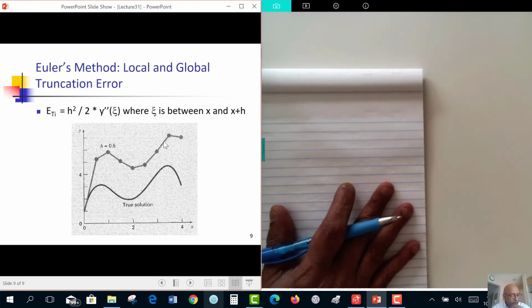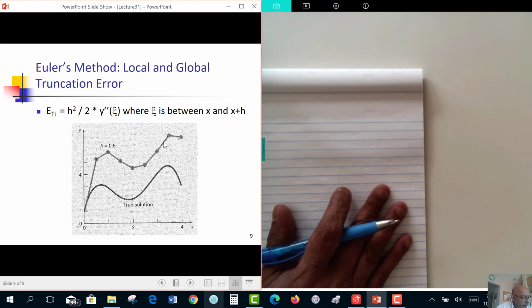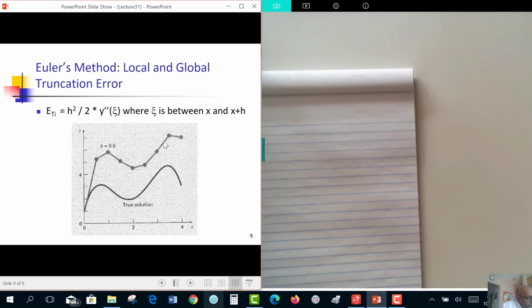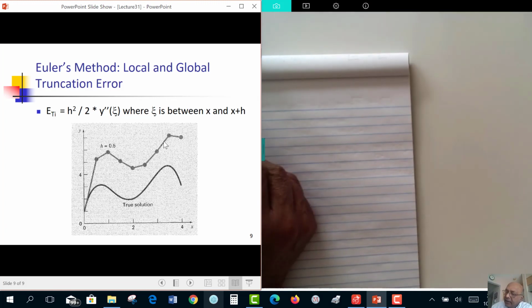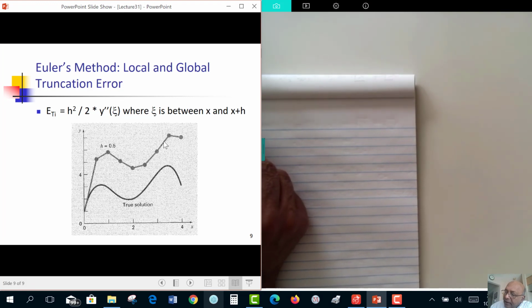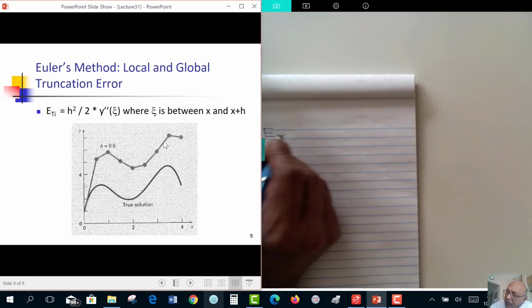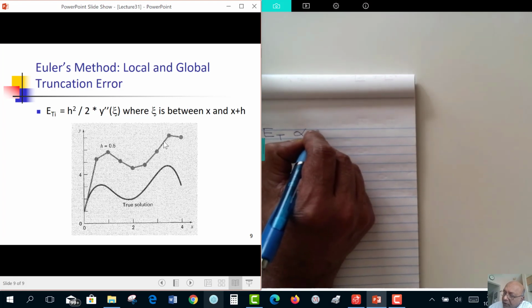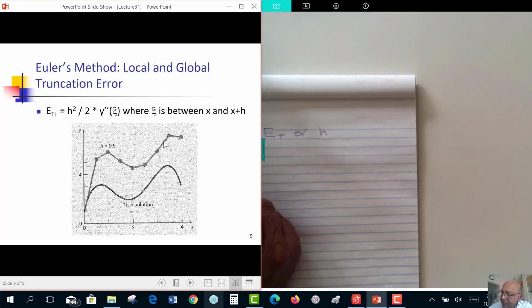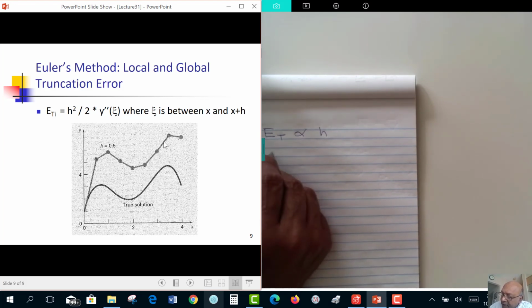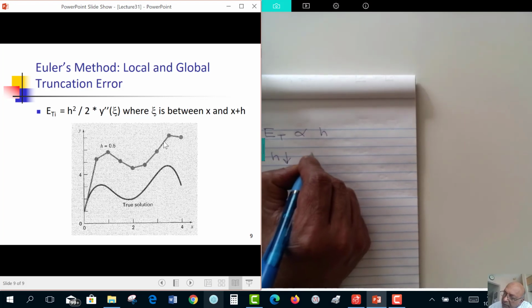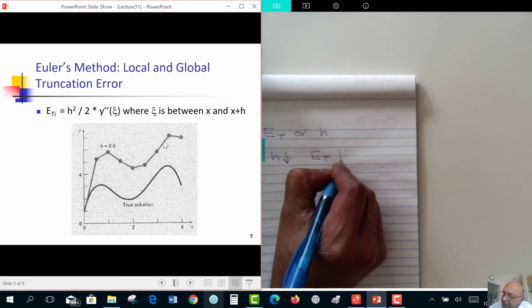But we know something, that our truncation error is proportional to h in this particular case. So obviously, if we decrease h, we decrease the truncation error.